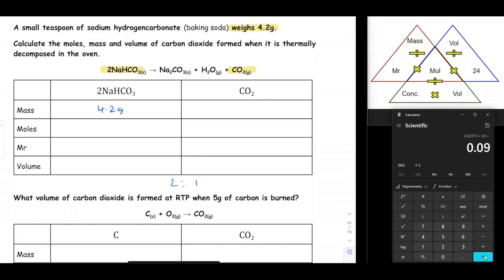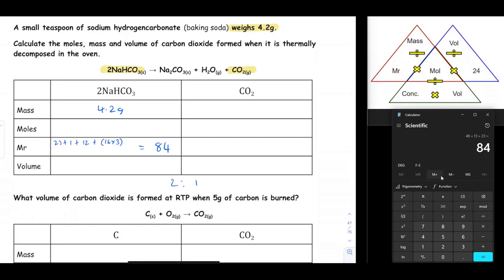So the MR of sodium hydrogen carbonate is 23 plus 1 plus 12 plus 16 times 3. That gives me 84.